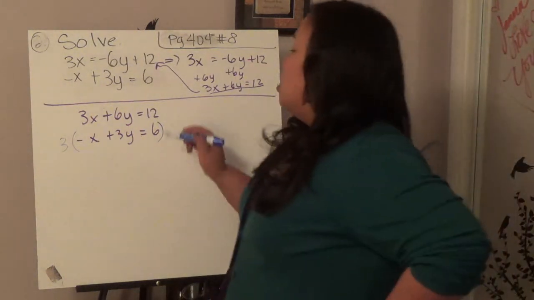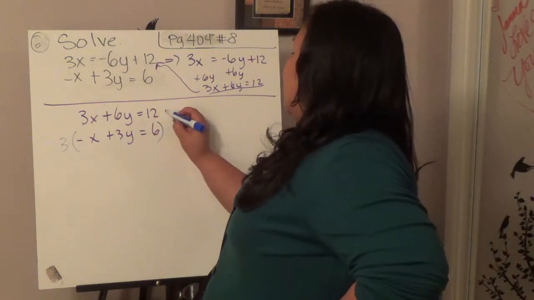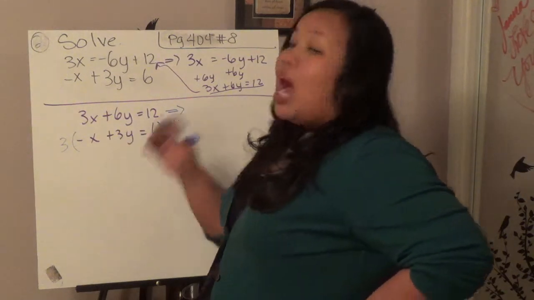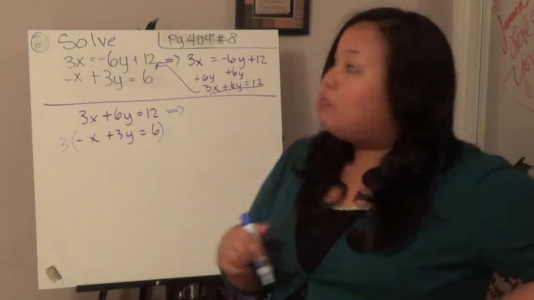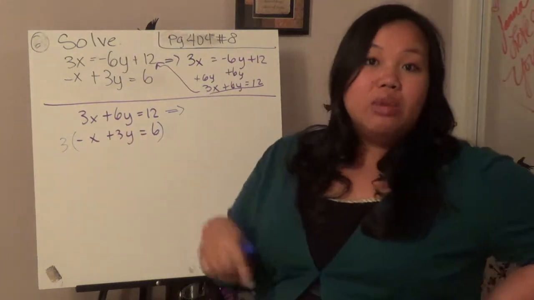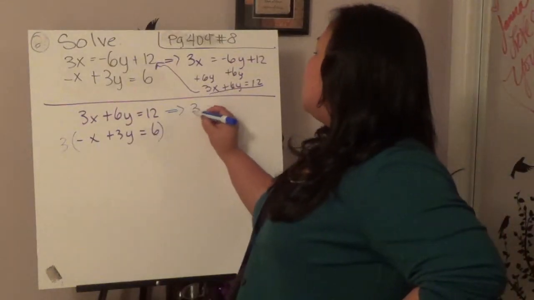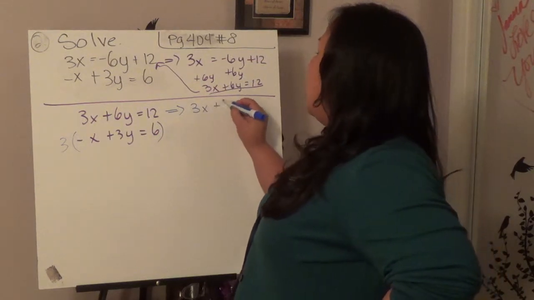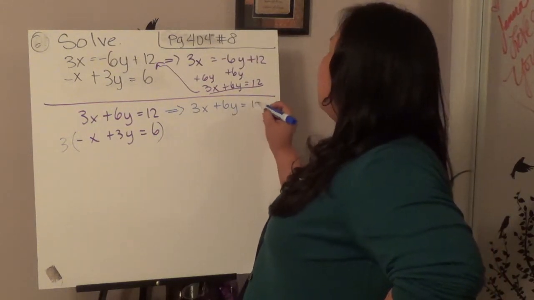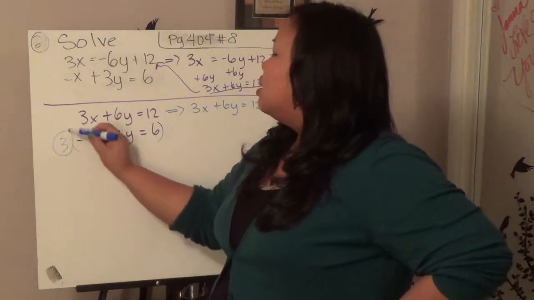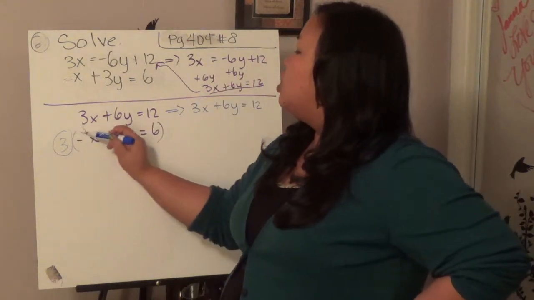So, I'm not going to do anything to the top part. I can, if I need to. For example, if there's not a number they both have in common, I can multiply both top and bottom. But in this case, I don't need to. I can just multiply the bottom. So I'm going to bring this over, and then I'm going to take this, and it's as if I'm distributing it to every term.